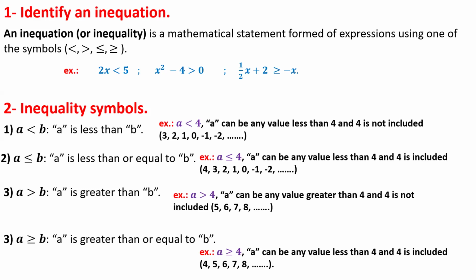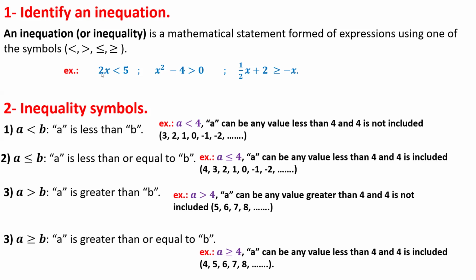While an inequation or inequality is also a mathematical statement formed of an expression using one of the symbols less than, greater than, less than or equal, greater than or equal. So when we talk about inequalities, we are also talking about two sides, but in between these two sides we have this symbol: less than, greater than, less than or equal, greater than or equal.